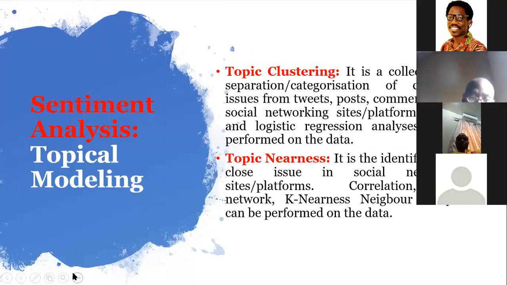Within a particular network, when we are doing sentiment analysis, you can also look at to what extent a particular topic is near to another topic. So it is the identification of close issues in social networking sites or platforms. So you can also use correlation, neural network analysis, and k-nearest neighbor. All these tools and methods of analyzing the data, you can find them in SPSS.